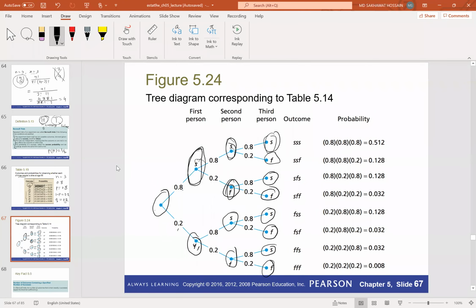So 0.8 means this is S, so that's why 0.8. This is also S, that's why 0.8. This is also S, that's why 0.8. So you will multiply these 3 to get the probability of 3S, which is this one.